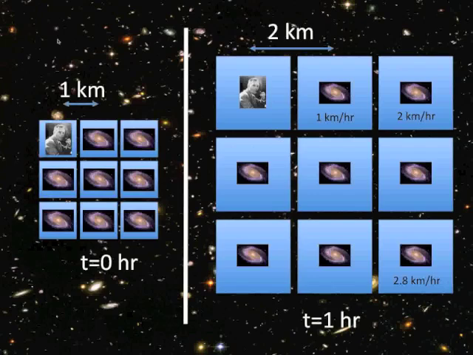If Hubble were sitting here, he would see that this galaxy right next to him, which used to be 1 kilometer away, is now 2 kilometers away. So it moved 1 kilometer in 1 hour, and he would say the apparent recession velocity of this galaxy is 1 kilometer per hour, right?